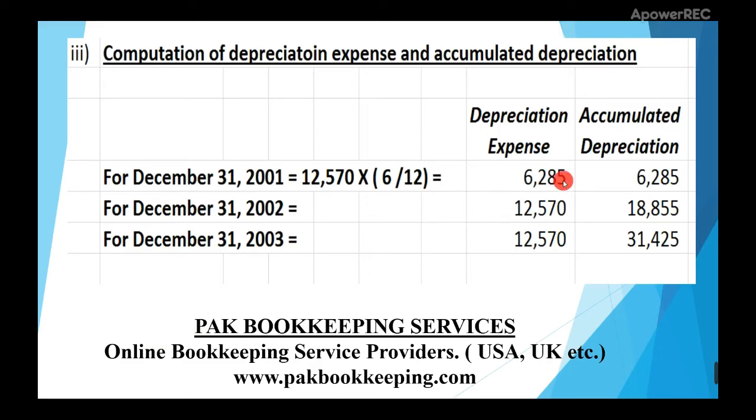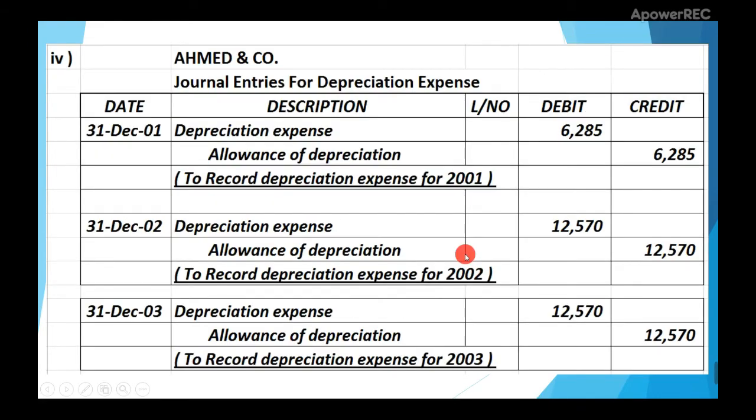Okay, let's solve the journal entries of depreciation expense for each year. In December 2001, depreciation expense debit and allowance for depreciation credit. This entry is fixed for all years, but the amount will be variable.